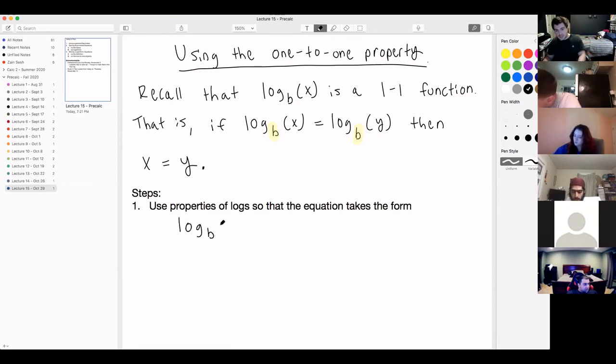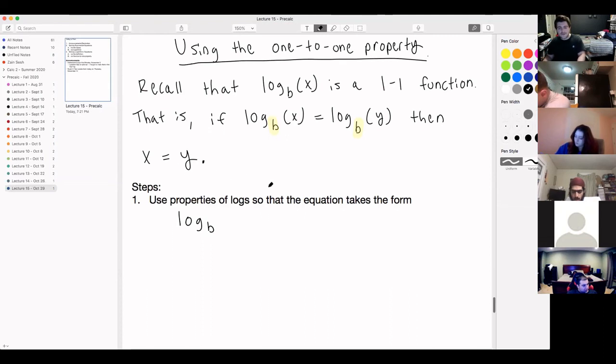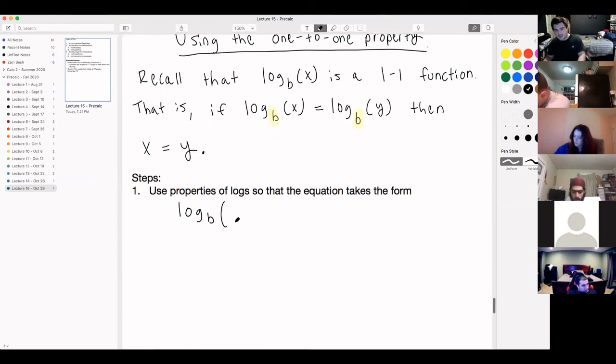Rewrite, use properties of log so that the equation takes the form log base b of f of x equals log base b of g of x.